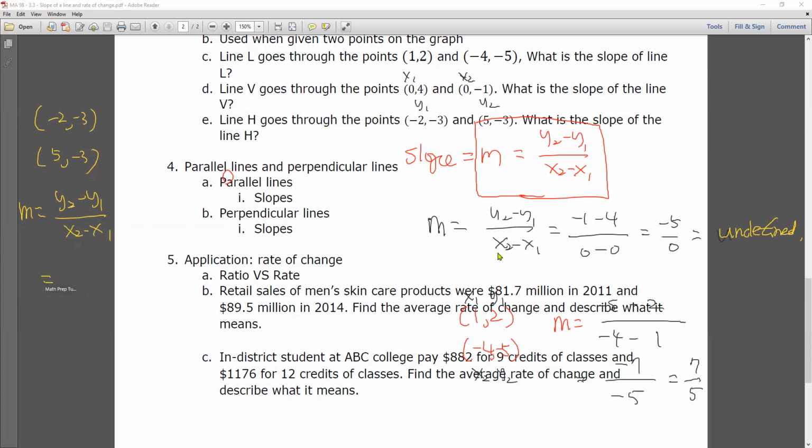Plugging the numbers, I have -3 minus -3 over 5 minus a -2. On the top, -3 minus -3, you get 0. On the bottom, I get 5 minus a -2, which is the same as 5 plus 2. You get 7. Again, from test 1, 0 divided by anything that's not 0 is going to be 0.